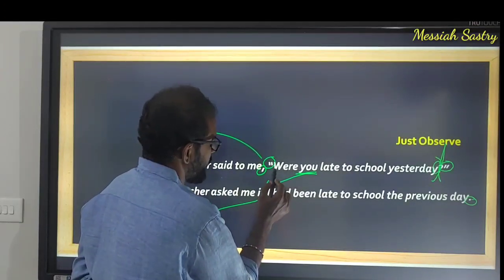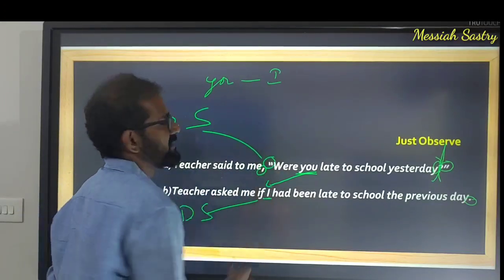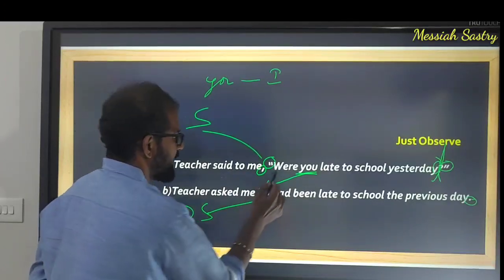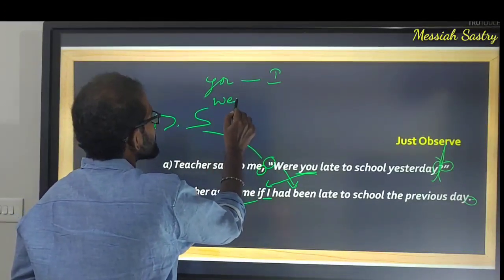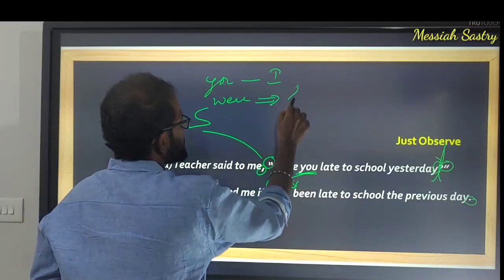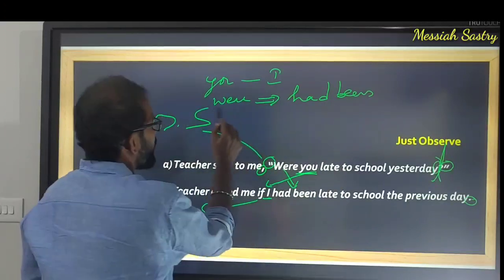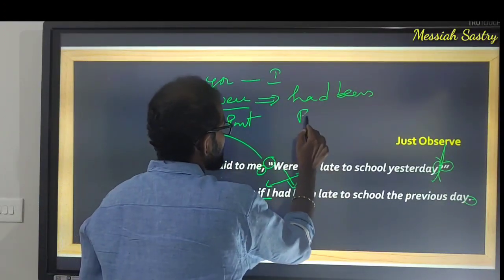Next, "you" and "I" are pronouns. So, change of pronouns. Next, "were" changed to "had been." "Were" is past, "had been" is past perfect.